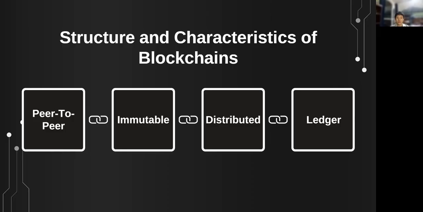So third is distributed. Distributed essentially means that the data and the security process of blockchains, the responsibility of that, is distributed to every single device or node that participates in the blockchain.